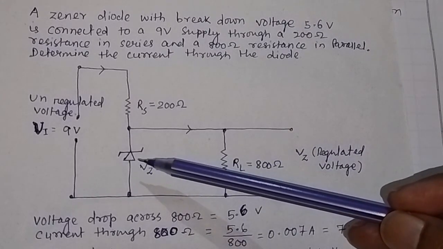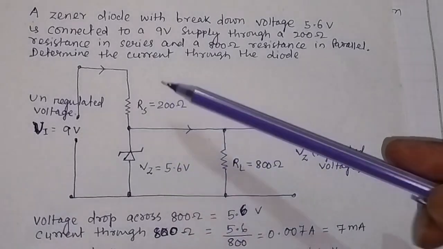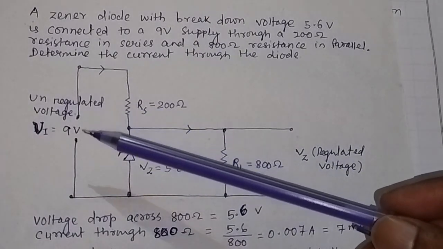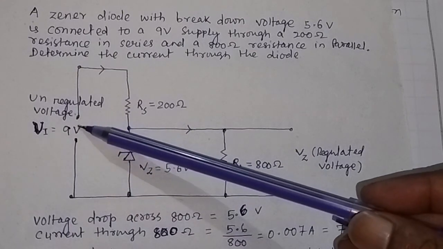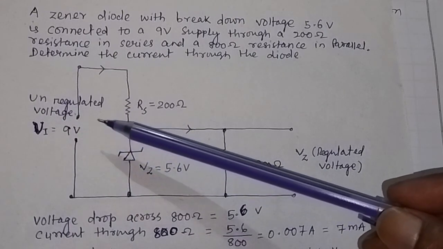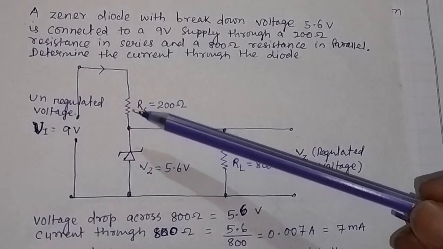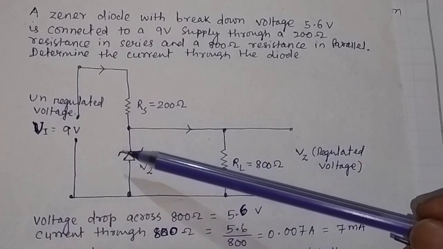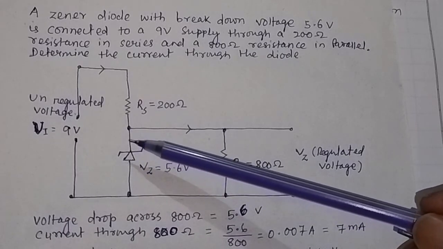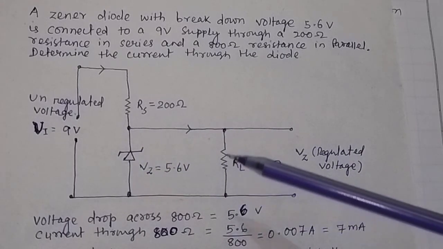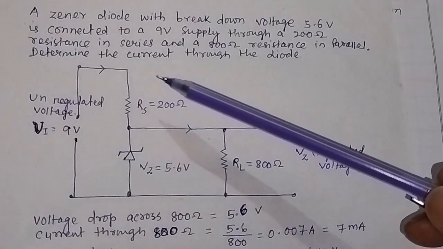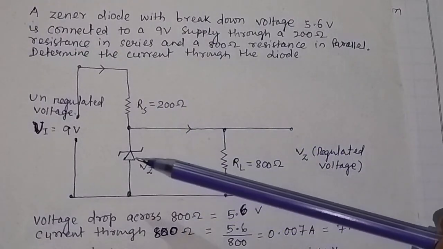This is the zener diode, and the connected supply voltage, this is the unregulated supply voltage, which is equal to 9 volt, and this is the series resistance, 200 ohm, which is connected to the zener diode in series, and this is your parallel resistance, 800 ohm, which is connected to the zener diode, and we have to find out the current through the zener diode.